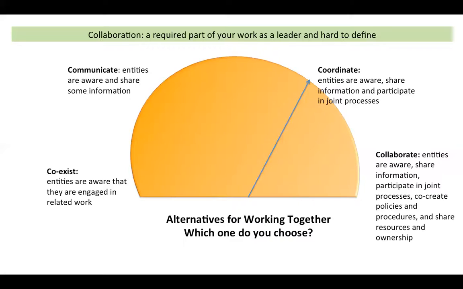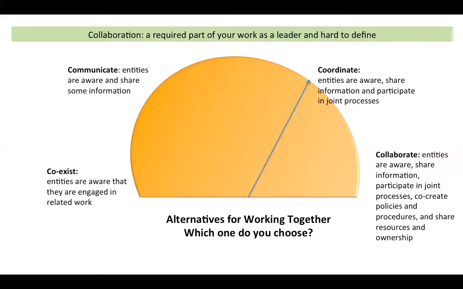Agency A works on this piece, agency B works on that piece, agency C works on another piece, and then you all come together and collectively look at how good a job you're doing. So you have to share information, but also participate in joint processes to make that really effective.